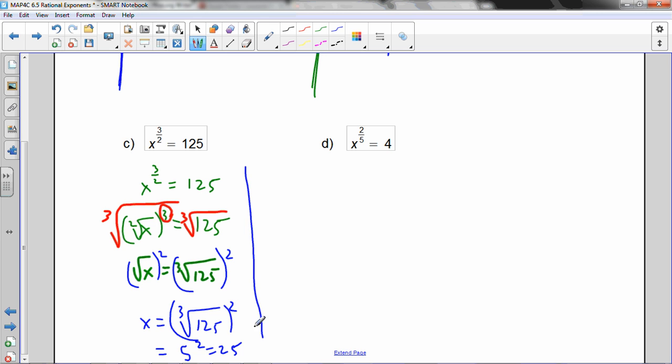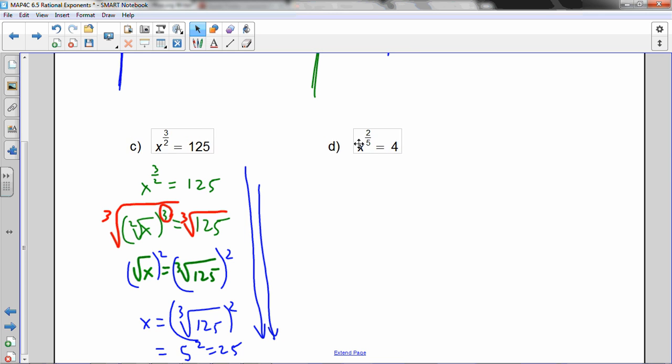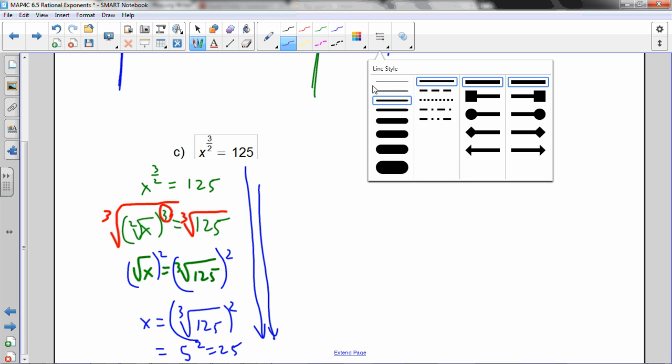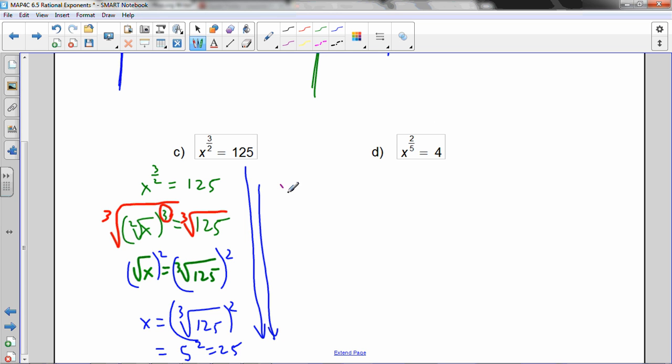This is a hard thing to do, but I want to show you a nice way to do this. I'm going to move it over a little bit, just so I have more room. Essentially I'd like to apply an exponent that's going to cancel out this exponent.